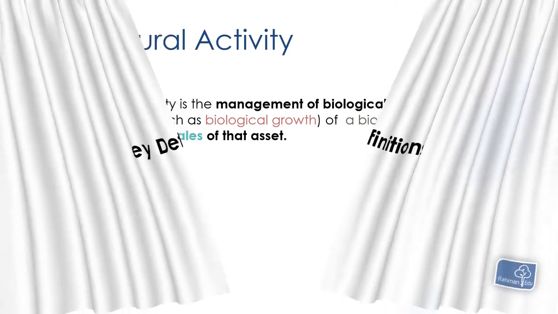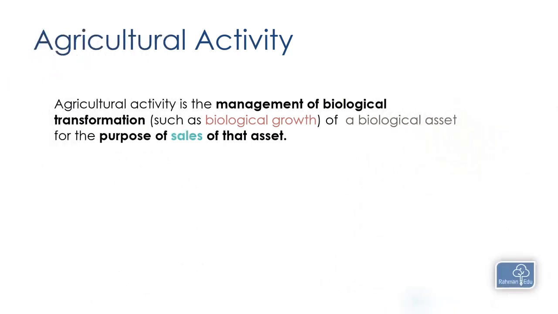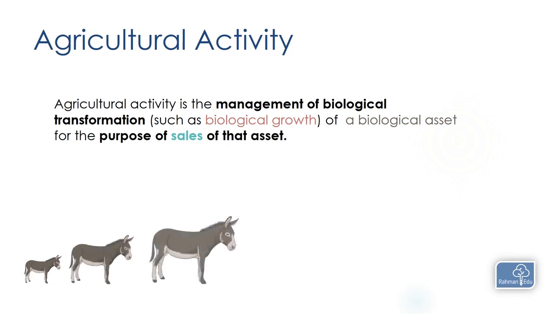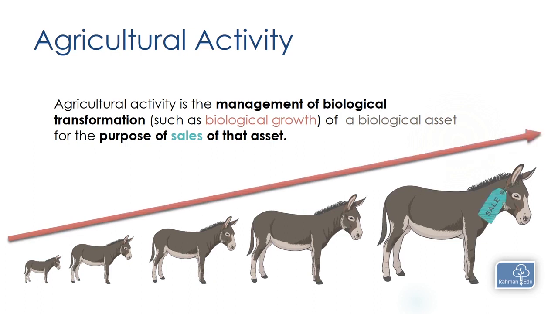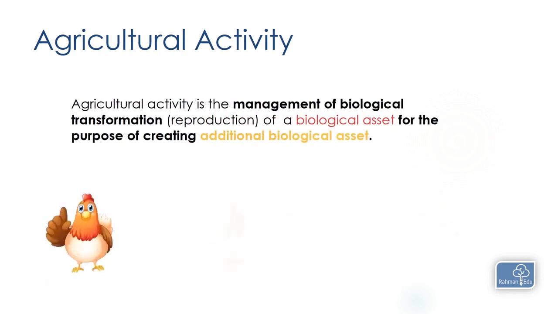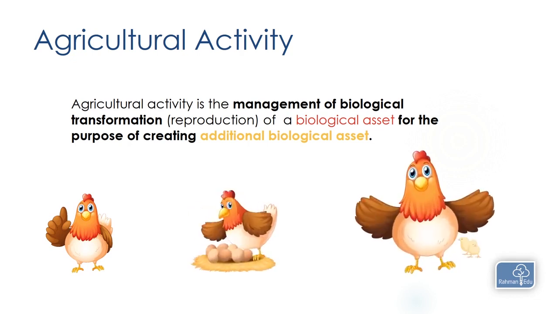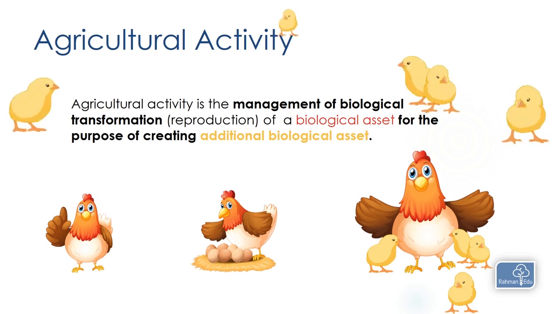First off, we need to know what is agricultural activity. Agricultural activity is the management of biological transformation such as biological growth of a biological asset, maybe for the purpose of sale of that particular asset. Or it can be management of biological transformation of a biological asset for the purpose of creating additional biological assets.